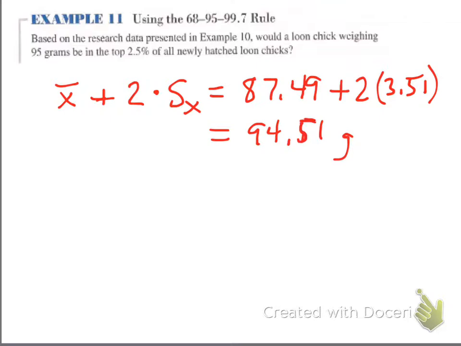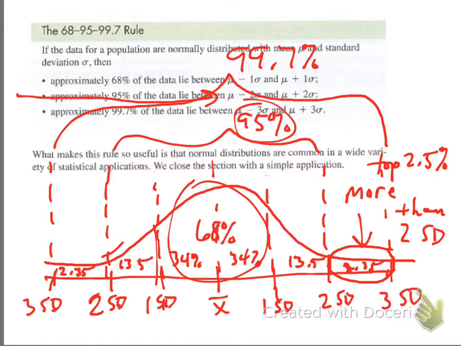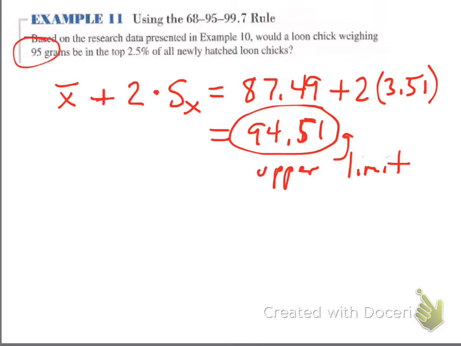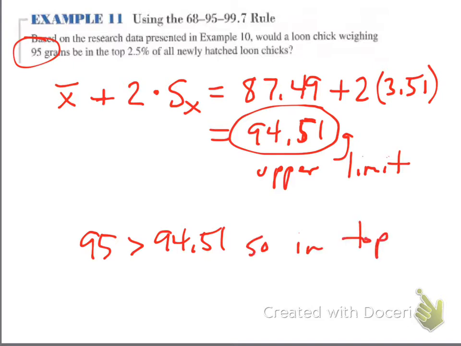That is the upper limit, so anything above this number would be in the top 2.5% because we've established the border. 95 was the question, and 95 is greater than 94.51, so it's in the top 2.5%.